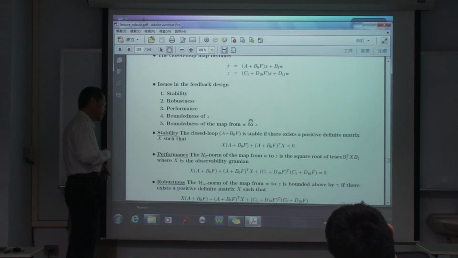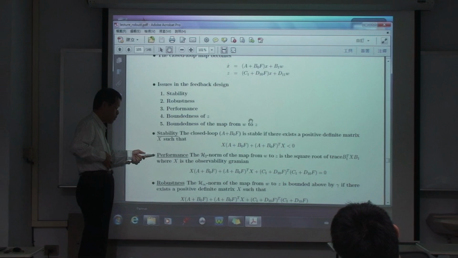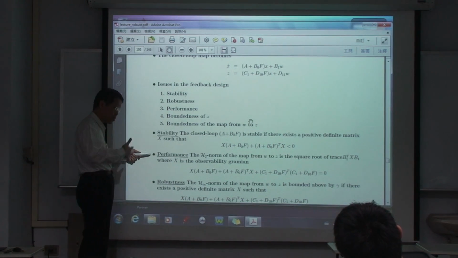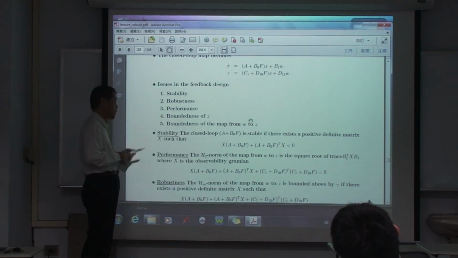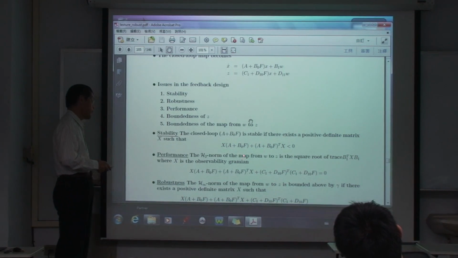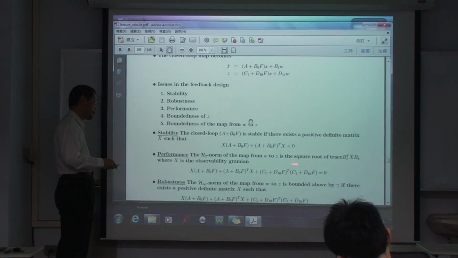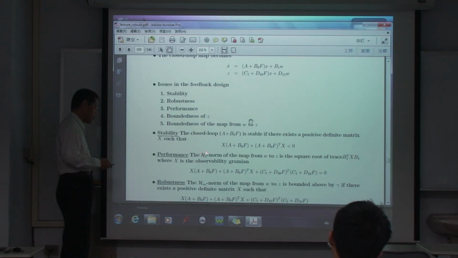So you could think that the requirement for performance is definitely more stringent than the stability requirement. And the difference lies in here. If I select a particular term for this Q, then I end up with this equation. And also we could consider these two equations.